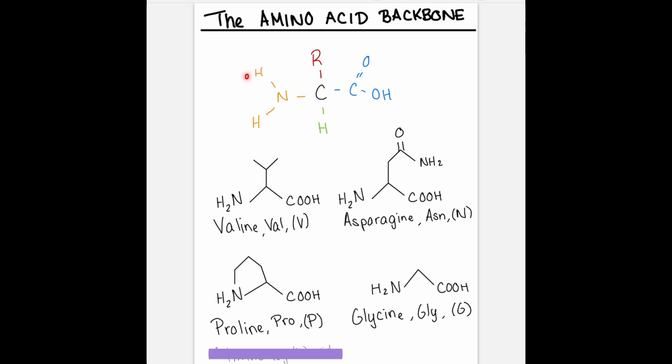Don't worry too much yet about how many hydrogens are attached to that nitrogen. We will talk about that very soon, but begin to recognize a nitrogen bound to a carbon with some hydrogens is an amino group. And let me write that down.